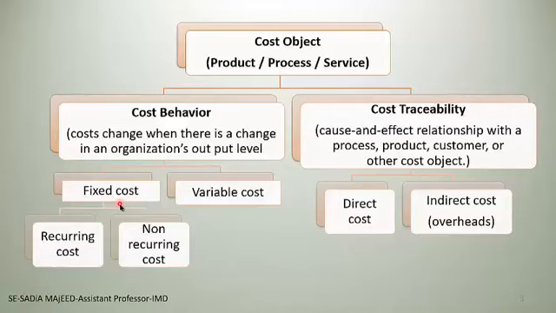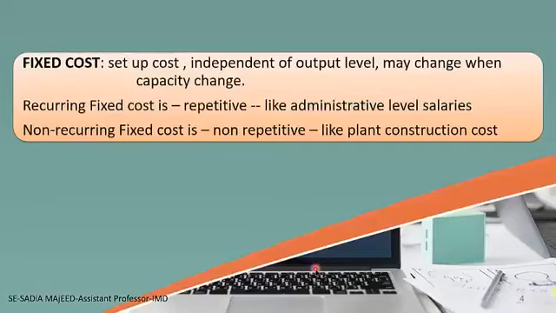And when we are defining or classifying cost on the basis of its cause and effect relationship, that is on the basis of its traceability, then we can classify the cost as direct costs and indirect costs. Usually we call it directs and indirects, or indirects also called as overheads. Overheads is the most common word we use for the indirects. Now let's go into the detail of the definitions of all these cost classifications.